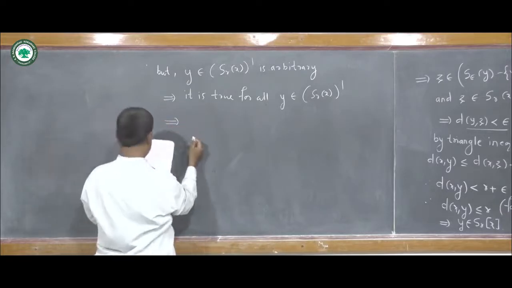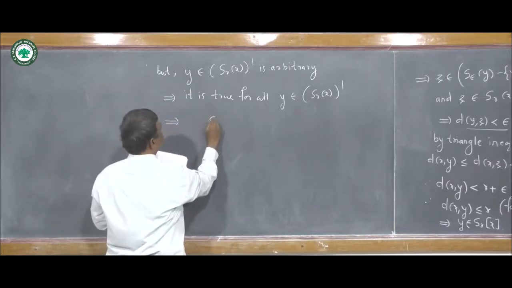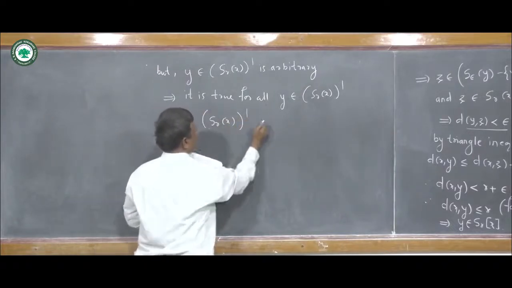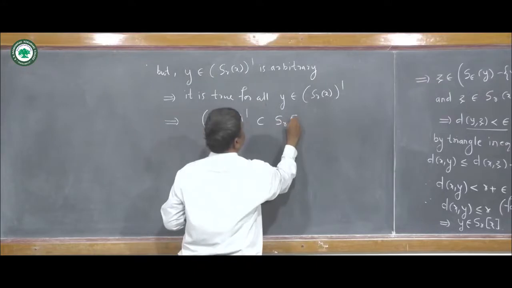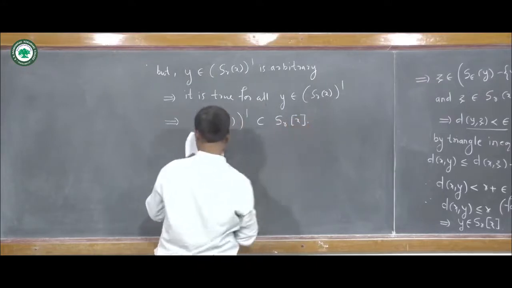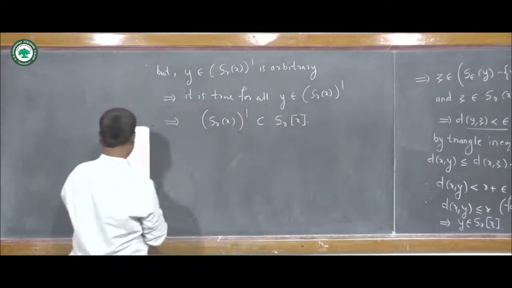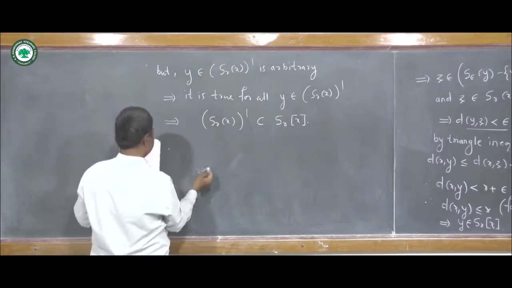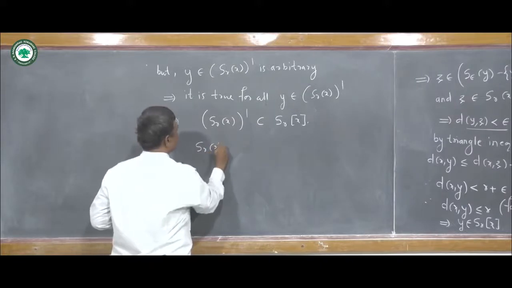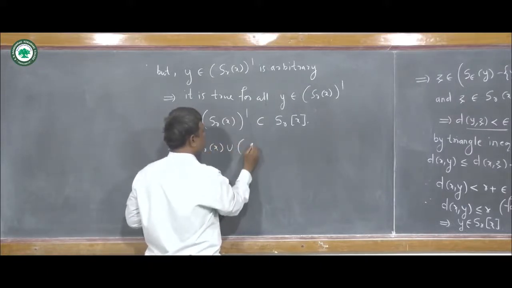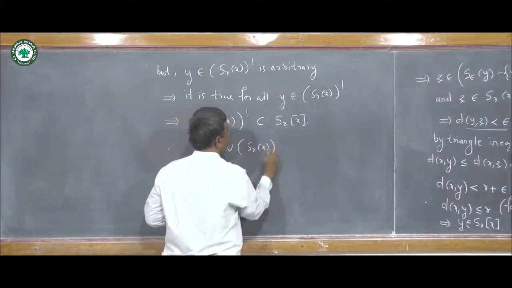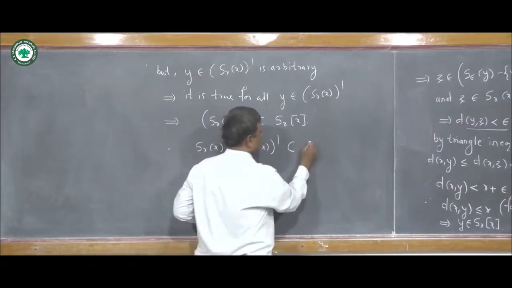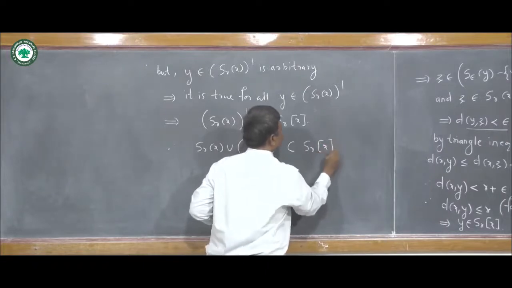So this implies that this set is contained in the closed sphere S_r[x]. Therefore we write here the open sphere S_r(x) union the set of limit points of the open sphere S_r(x) is contained in the closed sphere S_r[x].